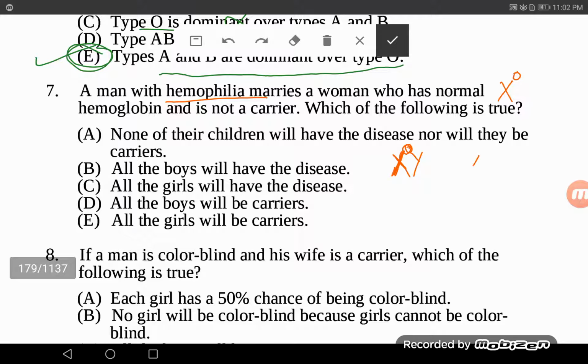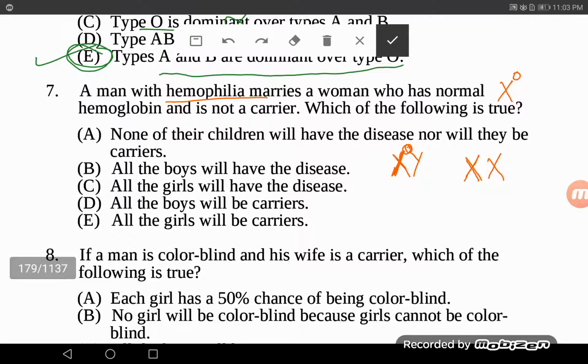So the woman has normal hemoglobin, okay, and is not a carrier. So the woman is normal, she is not even a carrier.